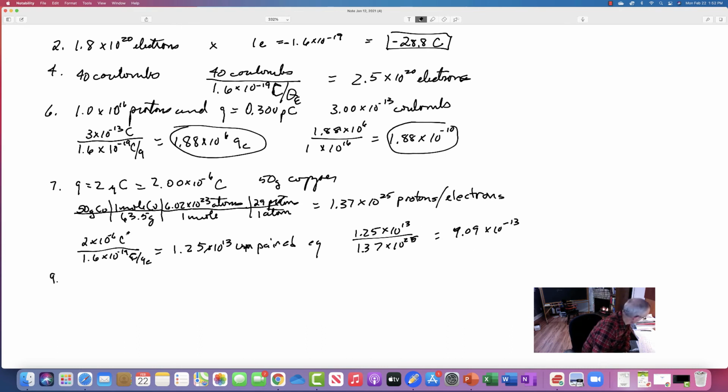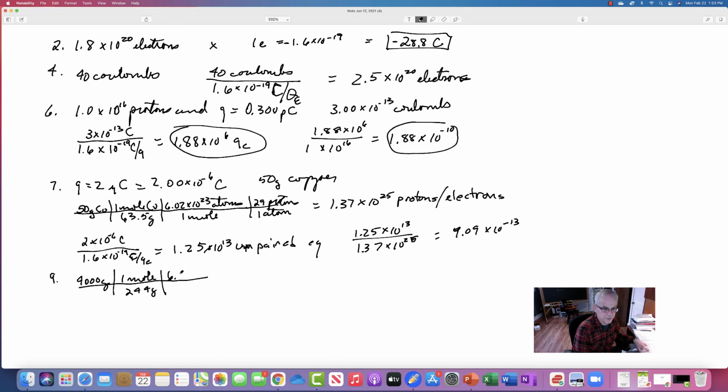Number 9. How many coulombs of positive charge are there in 4 kilograms of plutonium, given that its mass is 244 and that each plutonium atom has 94 protons? Okay, so you have 4 kilograms or 4,000 grams of plutonium. 1 mole of plutonium, as it says, is 244 grams.